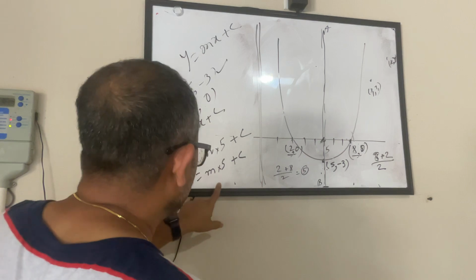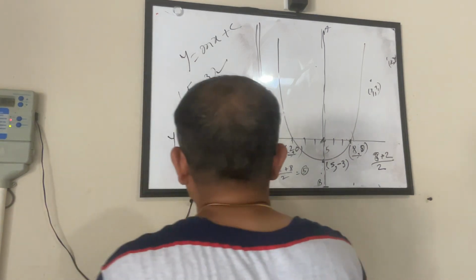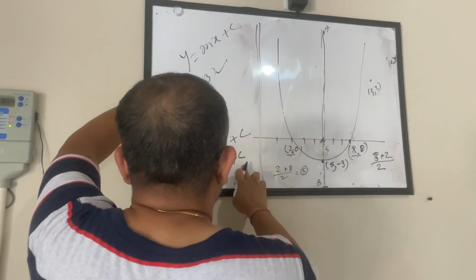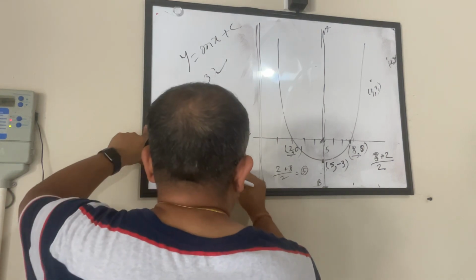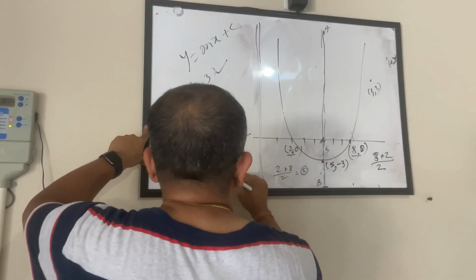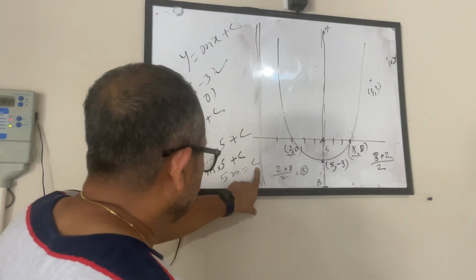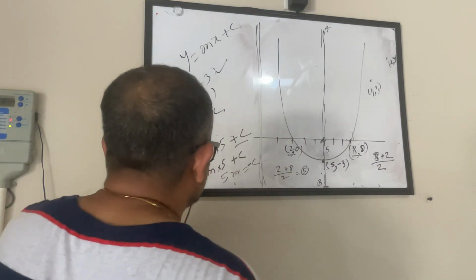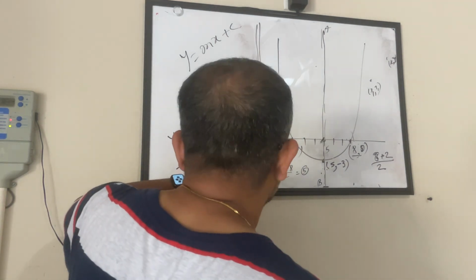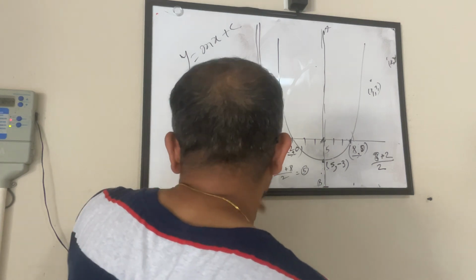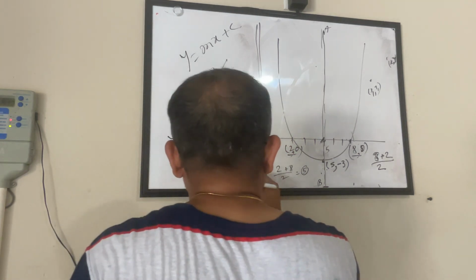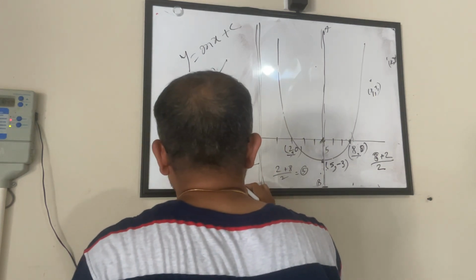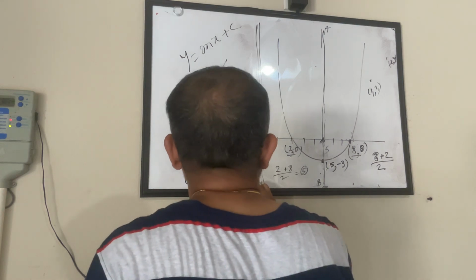So 5m equals minus c. So this becomes what?